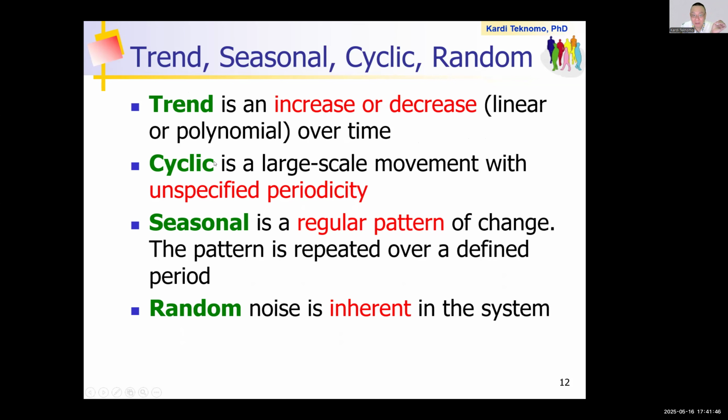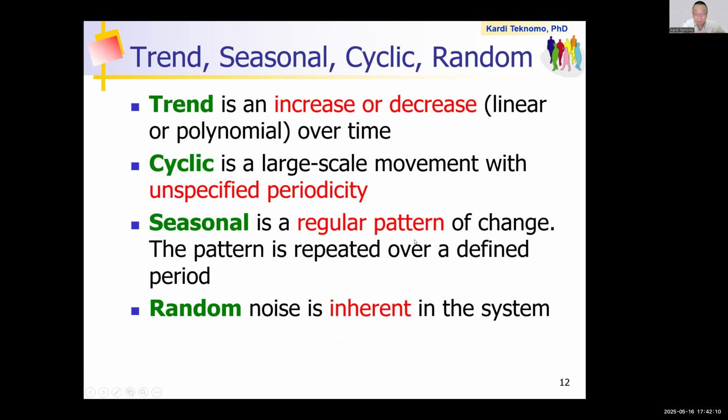Second is the cycle, cyclic. This is a large-scale movement with unspecified periodicity. So the period is not clear, but there is some kind of movement. Usually we use sine, for example. Then there is seasonal, which is a regular pattern.